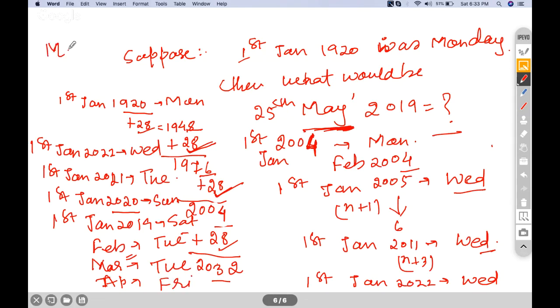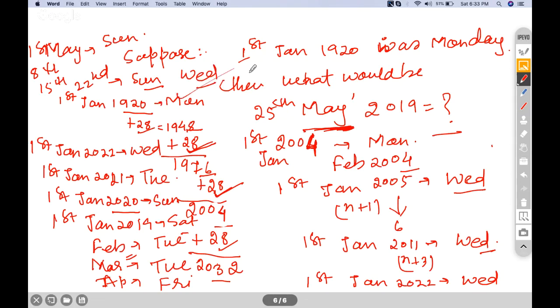Then May would be plus 2, Sunday. So May 1st would be Sunday, 8th would be Sunday, 15th would be Sunday, 22nd would be Sunday. So if 22nd is Sunday, 25th would be Wednesday. So answer is Wednesday. Whosoever is getting Wednesday, that is the right answer.